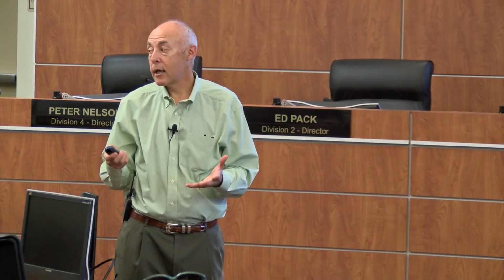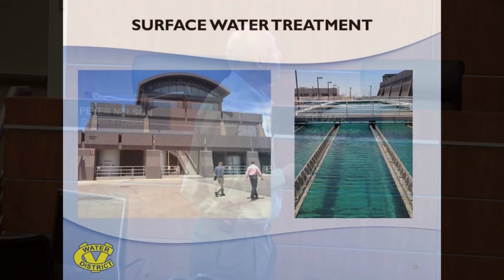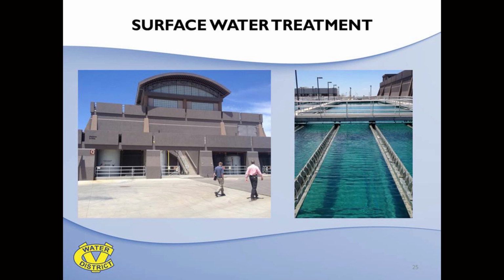And here we are, California is in a huge drought. Here we are in a desert, and we're in much better shape than the rest of California, especially Central California, because of these imported water supplies that we secured years ago. So surface water treatment. How do we treat Colorado River water to potentially help us solve the chromium issue?